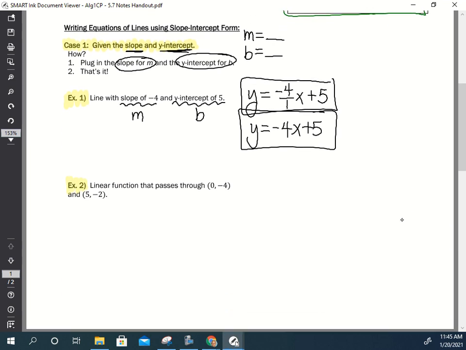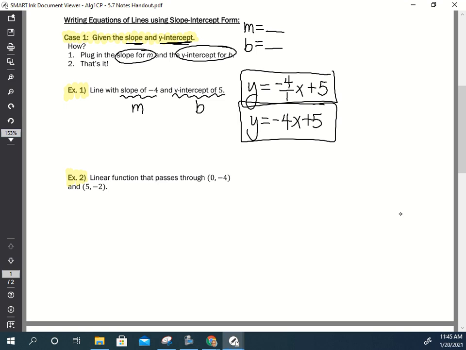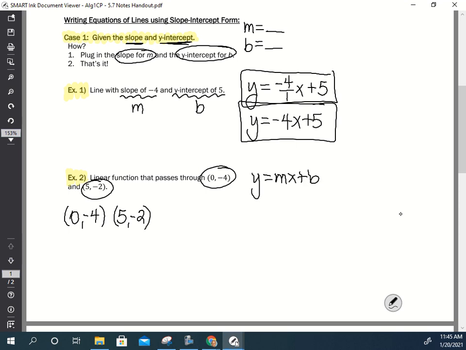All right, then let's do example 2. The function passes through 0, negative 4, and 5, comma, negative 2. We're still using y equals mx plus b, so we need the slope and we need the y-intercept.